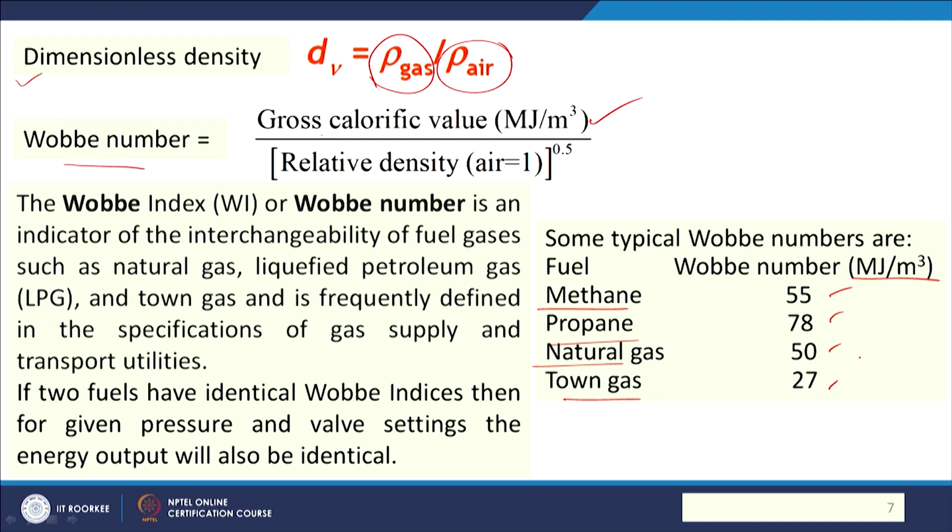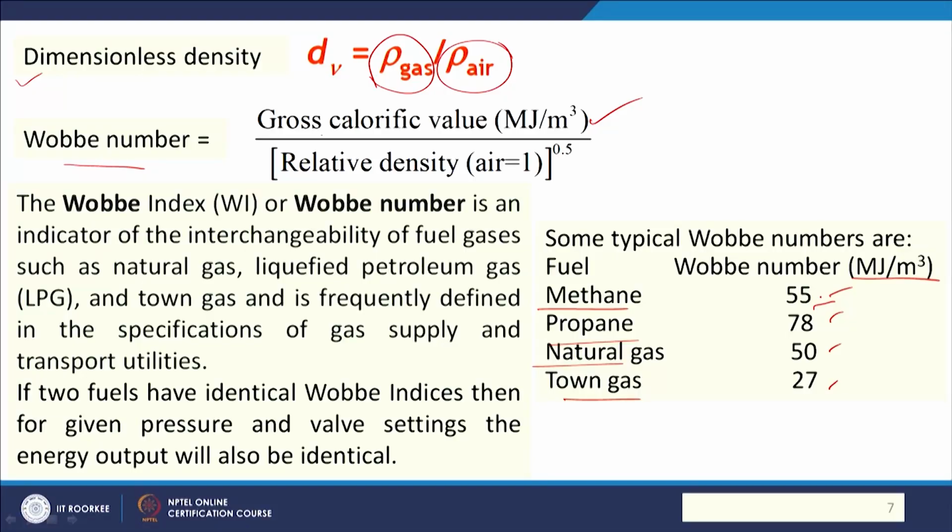So, what is the significance of this number? Say I have a gas mixture, I am using it for a particular application, and I want to change one component of the mixture. Is it possible? That can be decided by the OB index, the OB number. Similar OB number means a similar amount of energy is released by a unit volume of gas.